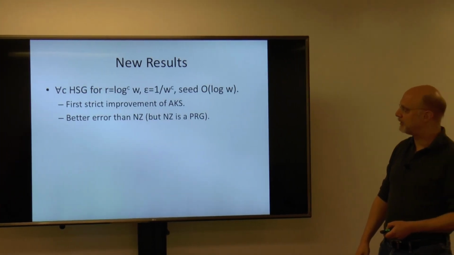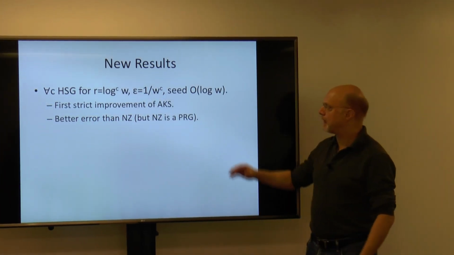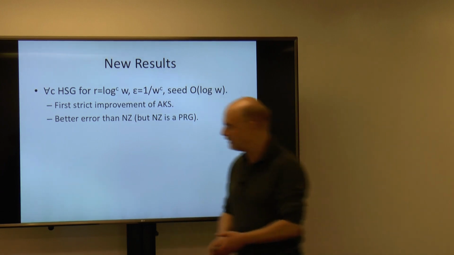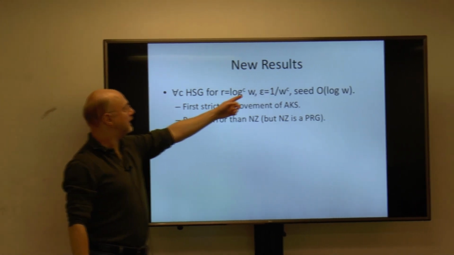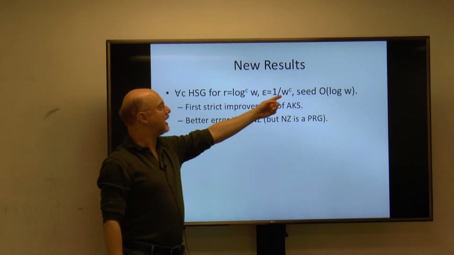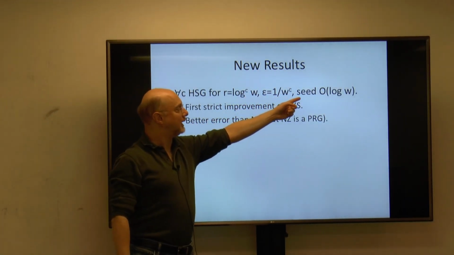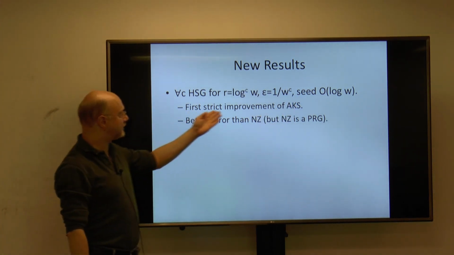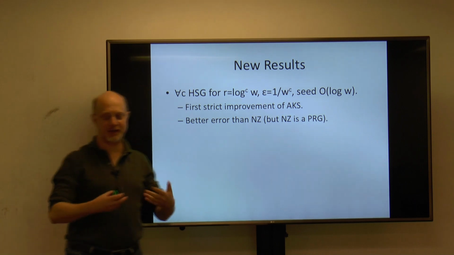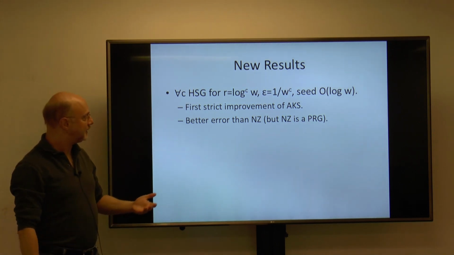Okay, so our new results are basically we can give a hitting set generator for any polylog W, and this time with optimal error and optimal seed length. So it's the first strict improvement of AKS because NZ didn't strictly improve it.